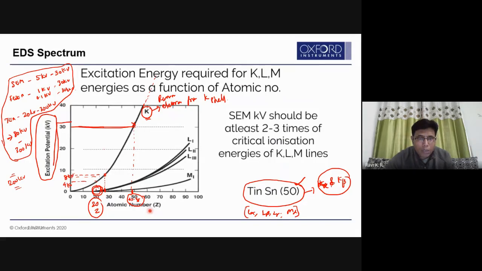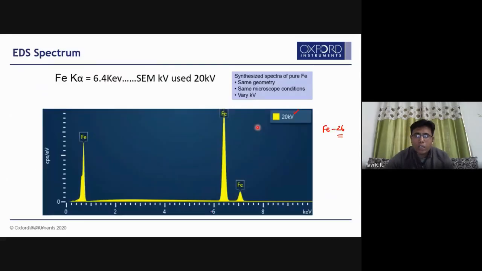Now we are using around 20 kV, so automatically you should start seeing K alpha, K beta, L alpha and L beta. This is the iron K alpha, and this is the iron K beta, because generally the K alpha intensity must be much higher than K beta.